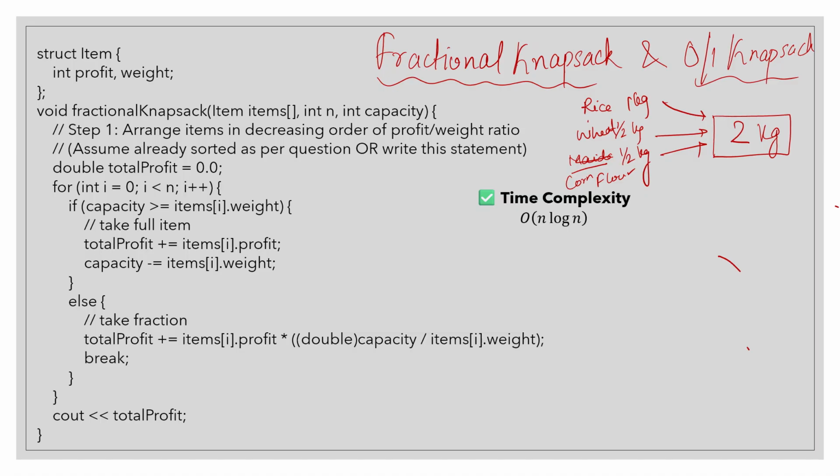So now the shopkeeper says, let's talk about fractional knapsack first. The shopkeeper says, I want 2 kg. Irrespective, you give me 1.25 into 4, whatever you give me, that does not matter. I want my 2 kg.